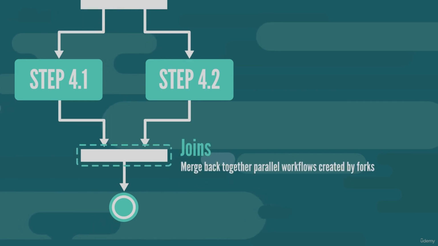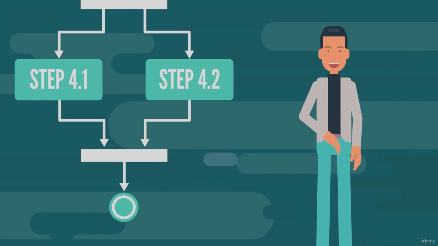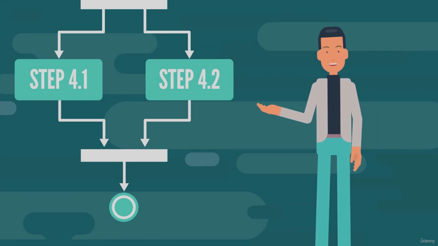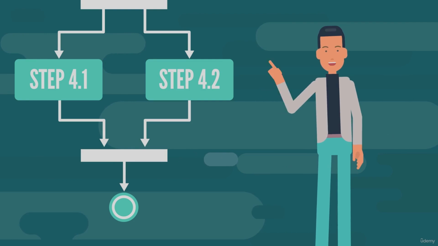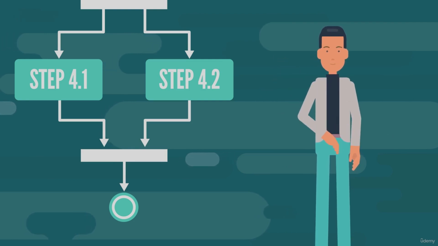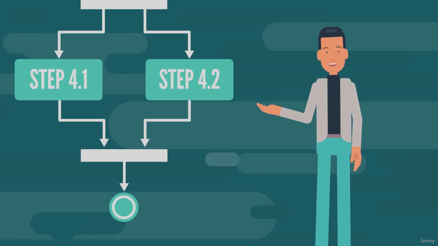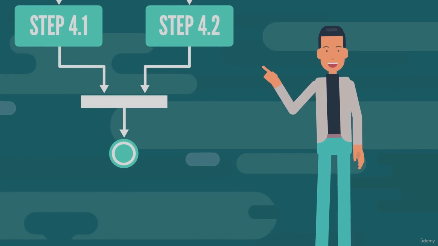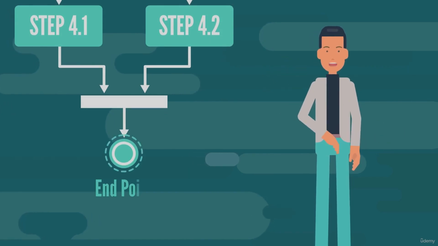A join brings two or more parallel flows back into a single stream, typically after tasks that began with a fork have been completed. Forks and joins won't appear in the diagram for our interview tool, but I presented them to complete our discussion of activity diagrams. Of course, no diagram would be complete without an endpoint.